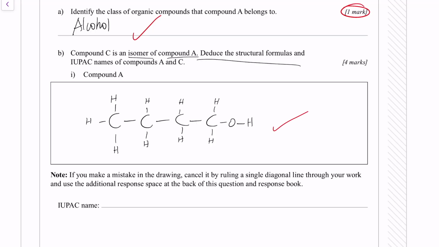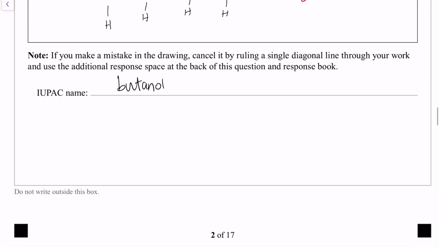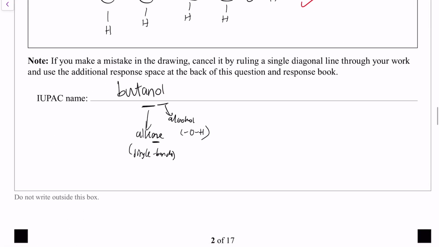If you draw out that butanol, which is our IUPAC name, remember when we break down the name, an means an alkane, and ol is our alcohol group. Because alkane means single bonds, and alcohol is obviously that OH group at the end of the carbon, single bonds.